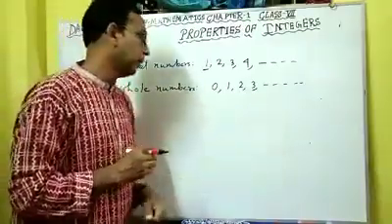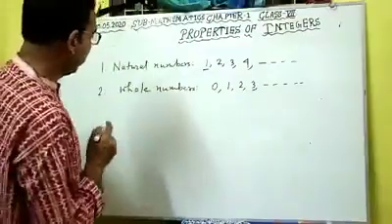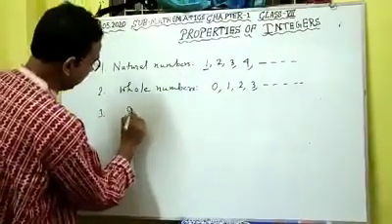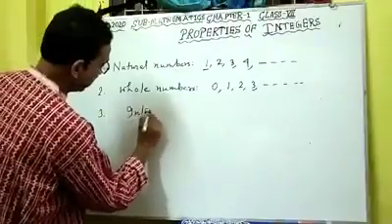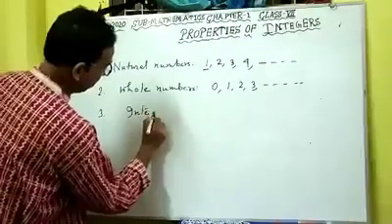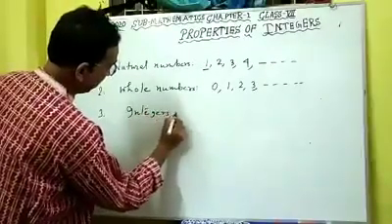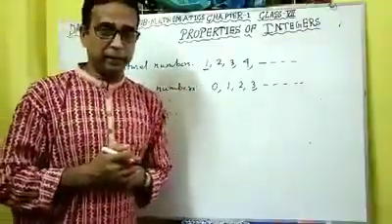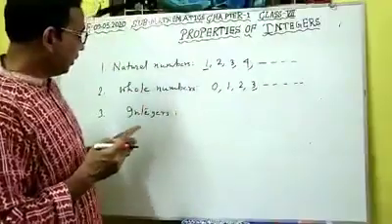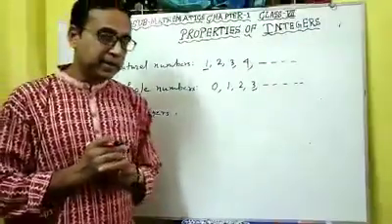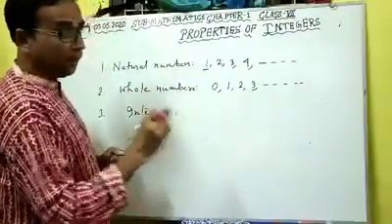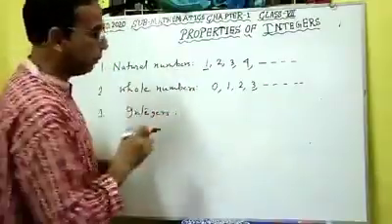Okay? The third number is integers. What are integers? To learn integers, I am going to draw a number line. Look at the blackboard.